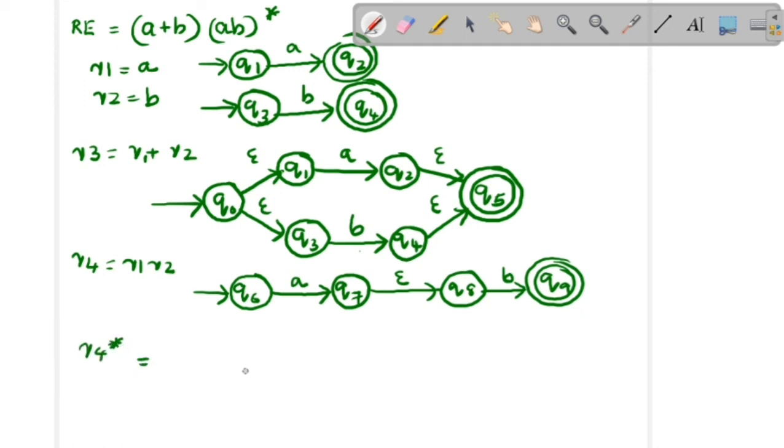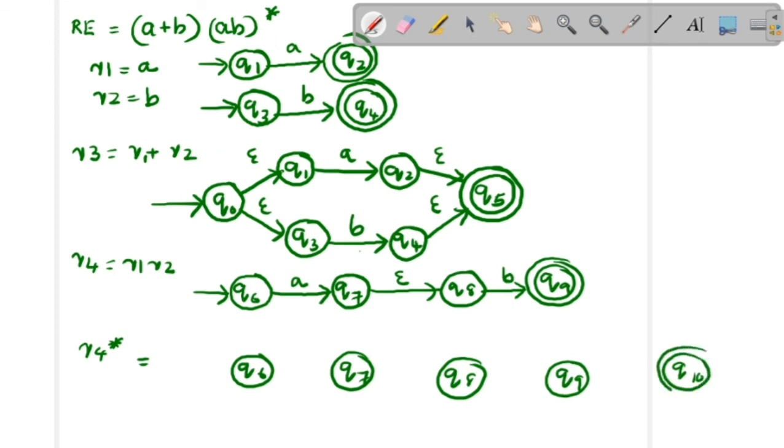R4 star is equal to Q6, Q7, Q8, Q9. Here we add a new final state, that is Q10, and a new initial state, that is Q11.